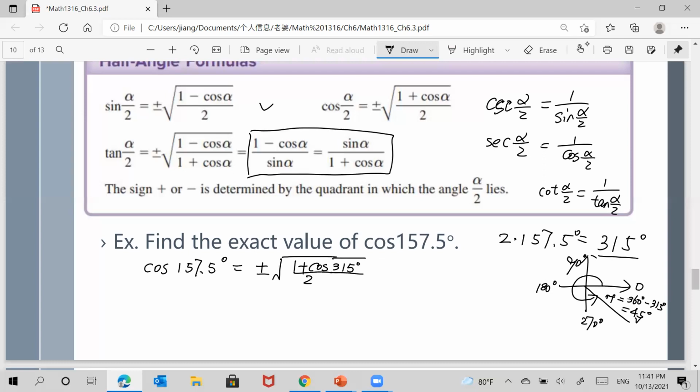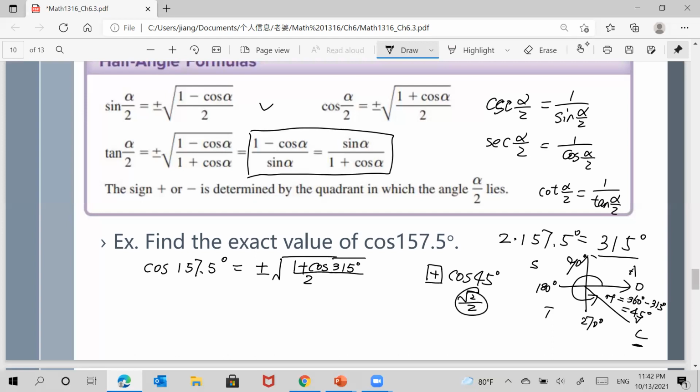And what is the value of cosine 315? So we keep a space for positive or negative, equals cosine 45 and ASTC. So here cosine is positive. That means it's positive 45. That means square root 2 over 2.